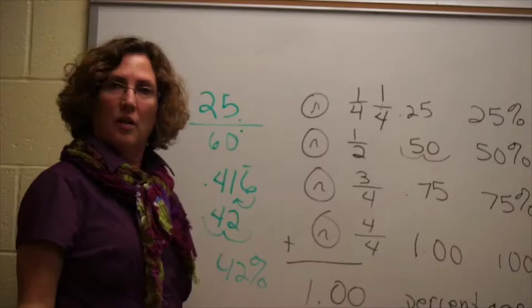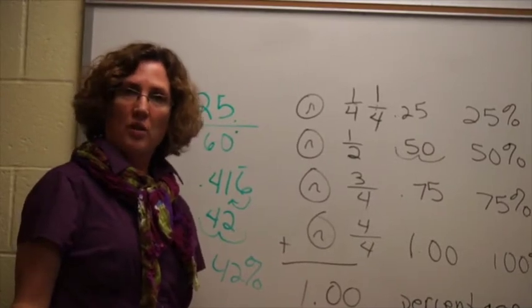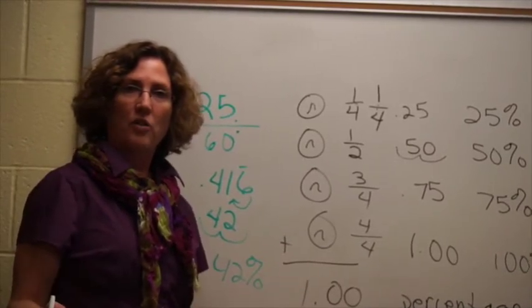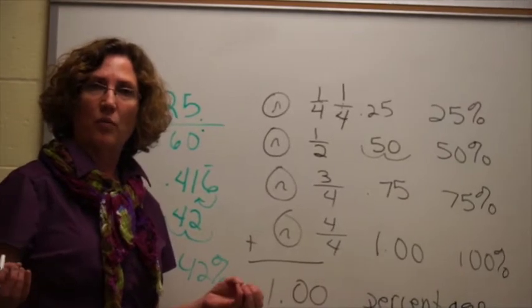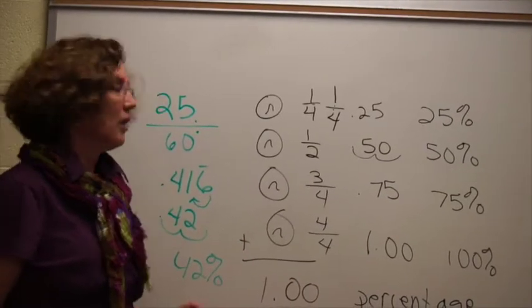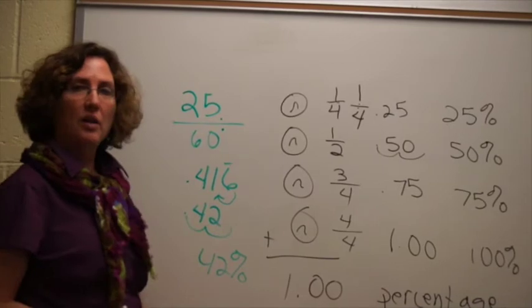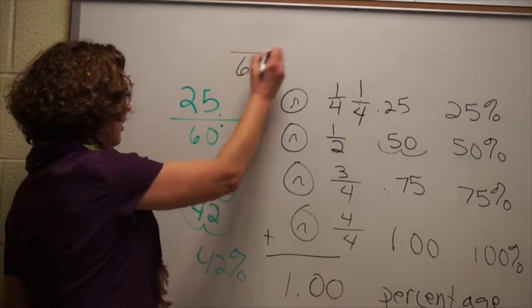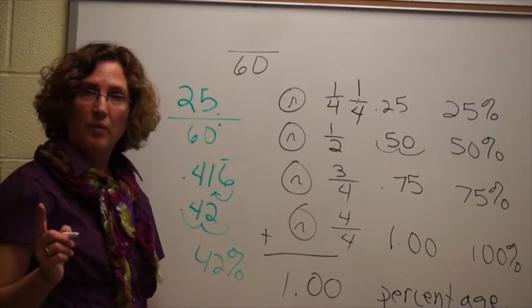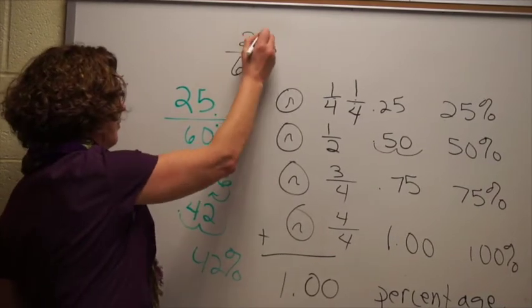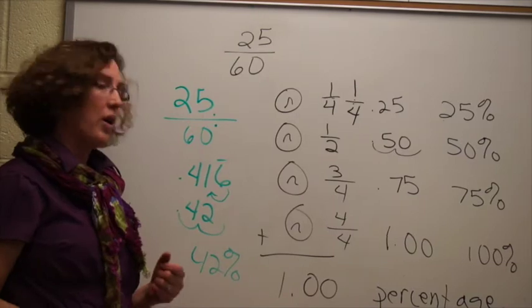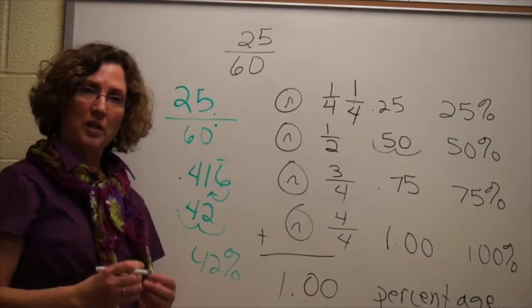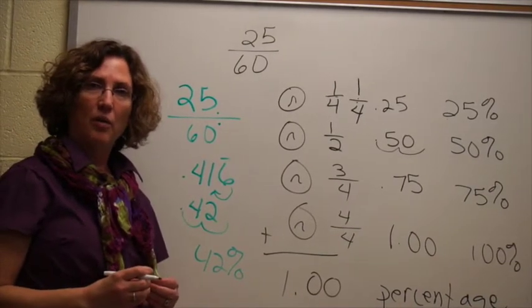We know that you usually don't want to know what percentage based on fractions. You want to know a percentage based on proportions and ratios. So let's imagine that you have 60 people in a room. 25 of them are women. What is the percentage of women in the room?